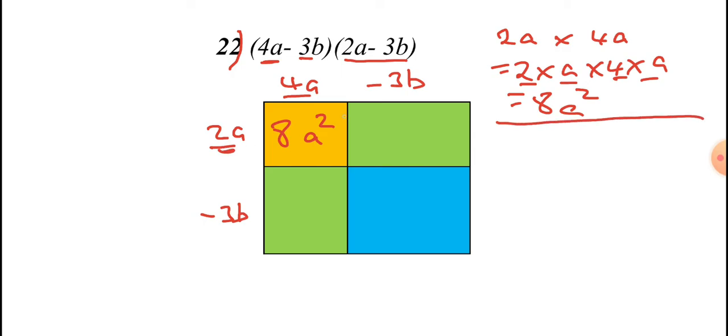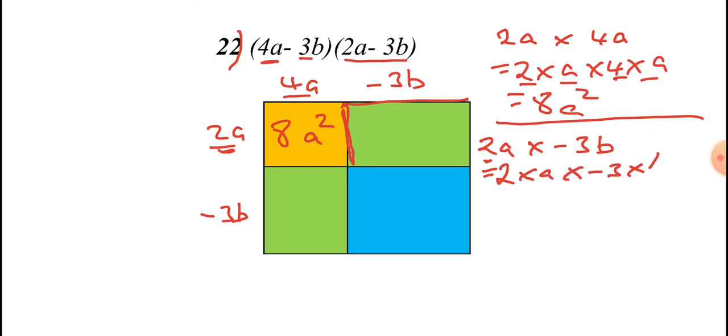Then I can see minus 3b, which is this bit here, times 2a. So 2a times minus 3b is the same as saying 2 times a times minus 3 times b.